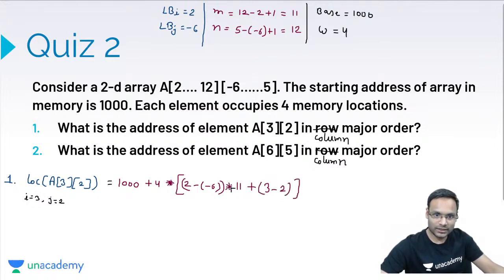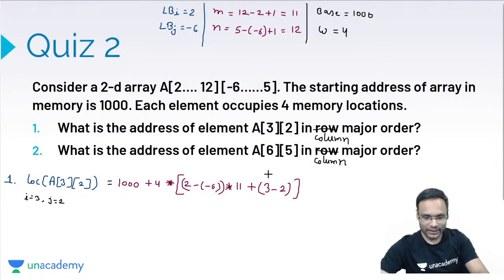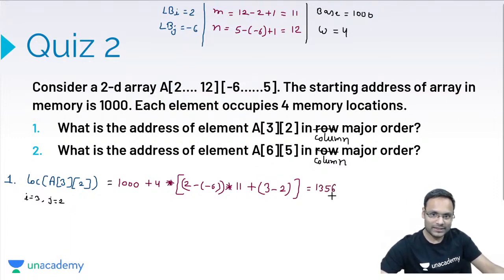That is 8 into 11, 88 plus 1, 89 into 4, 356. So it will be 1356. That will be the correct answer.